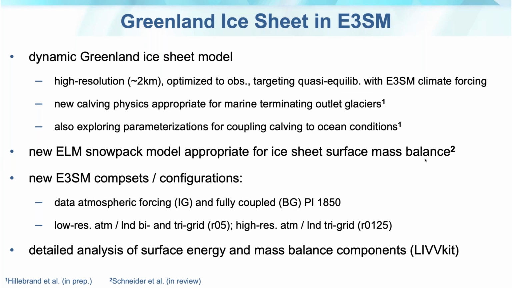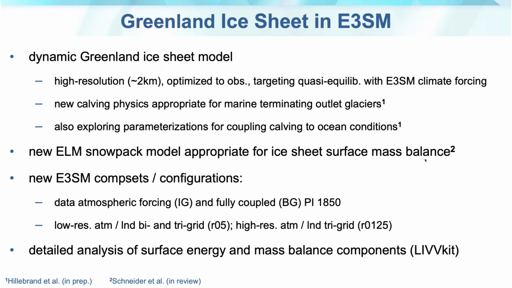There we have a high resolution Greenland ice sheet model component that's being optimized to target quasi-equilibrium with E3SM climate. We've been working on adding new calving physics there that are appropriate for marine terminating outlet glaciers, and exploring some parameterizations that might allow us to have coupling between calving of marine outlet glaciers when that model is coupled to E3SM.